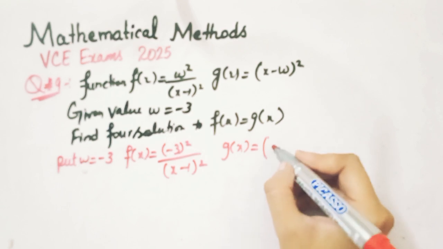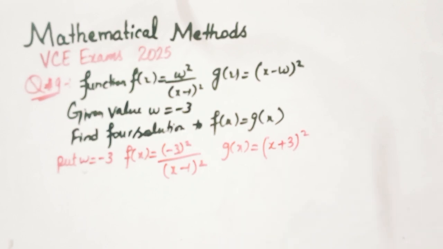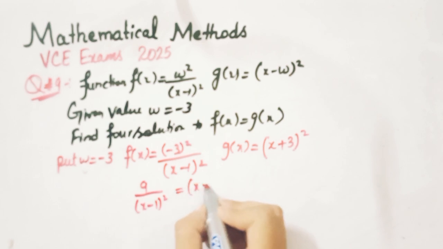So g of x equals (x plus 3) whole squared. Now we will equate both of them. So 9 by (x minus 1) squared equals (x plus 3) squared.